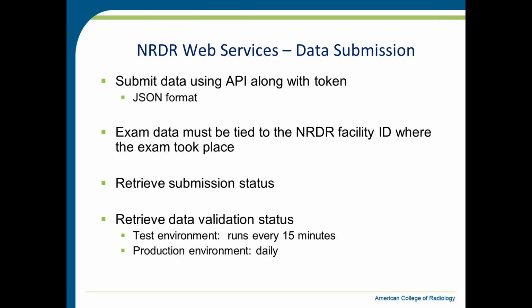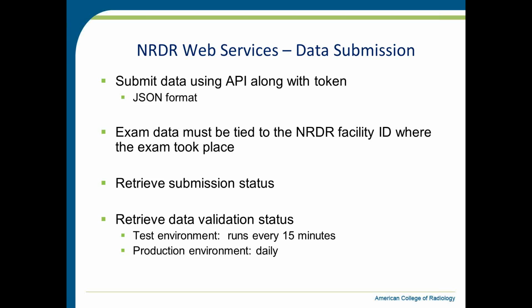For data submission, the API is using the JSON format, so you will have to generate your data in JSON format. When you submit the data to us, make sure that you're sending us the data at the facility level, meaning that for every transaction you send to us, the exam has to be tied to the facility where the exam took place.